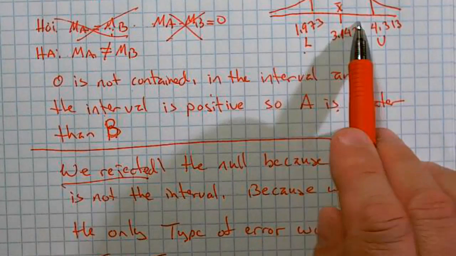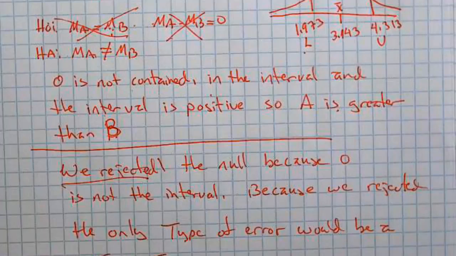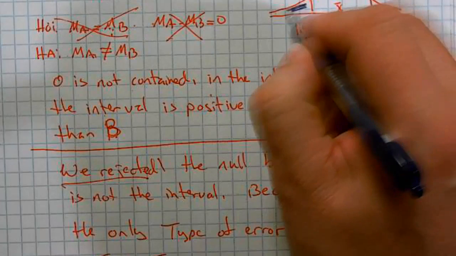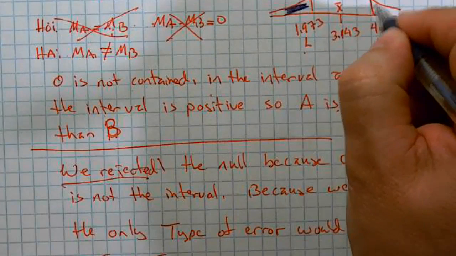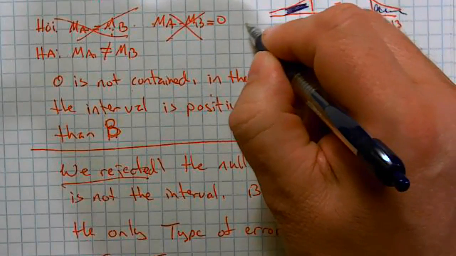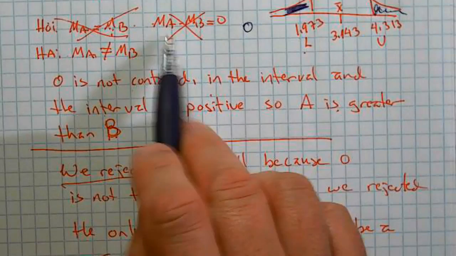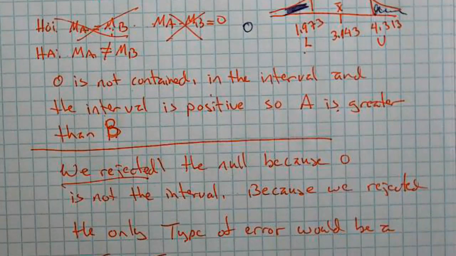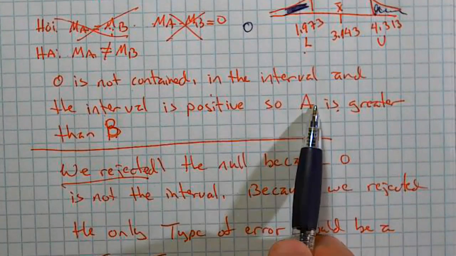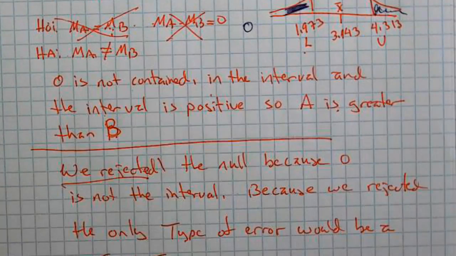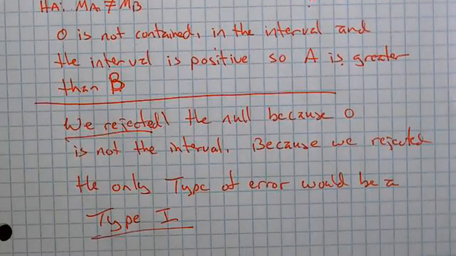Anything in between there is possible. Anything outside of it is not possible. And 0 is somewhere over here, so we're above it. And because we're above it, A must have been bigger than B. All right, if we'd been negative, then B would have been bigger than A. But regardless, we reject it. So that's number 5.